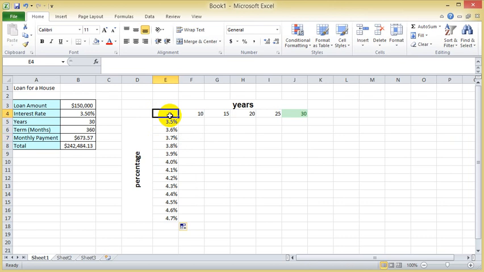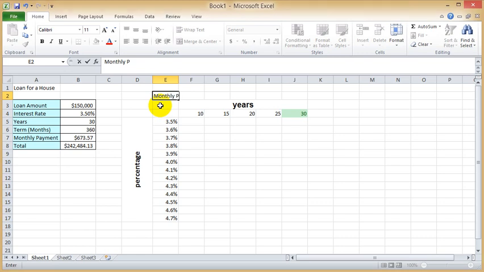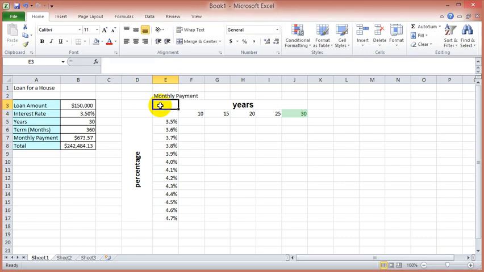Okay, what do we want here? We want the monthly payments. So we'll say monthly payment. Okay, so we're going to put the formula here. We could put the full formula, or we can just copy the formula from right over here, as we already did the formula before.